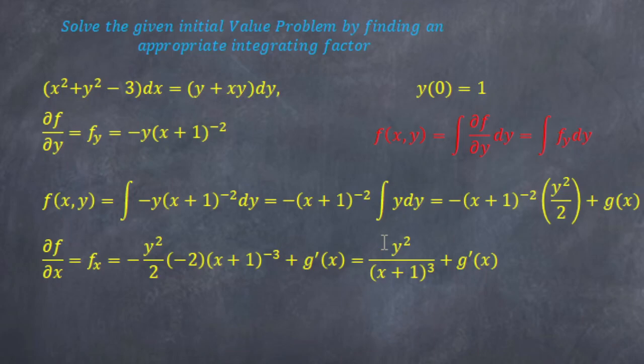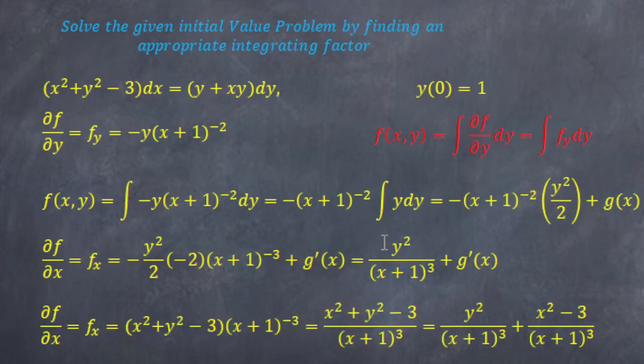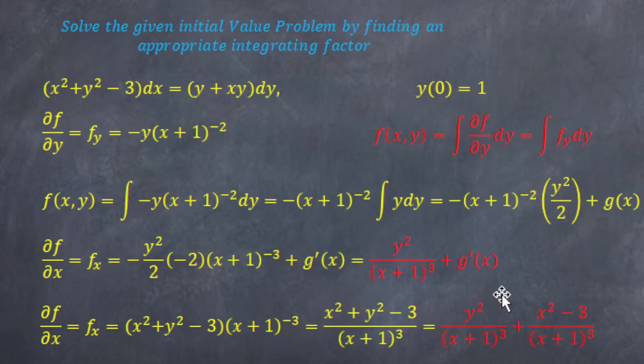Since our new m is this one here, we'll equate this expression to our found fx by taking the derivative of this solved f of x, y with respect to x. Well, these red ones will equate this so that we'll find the value of our g of x and then plug that into our solution f of x, y.